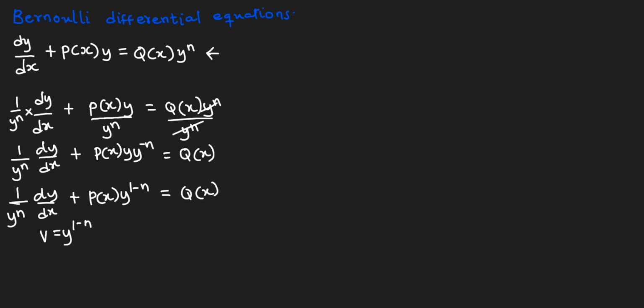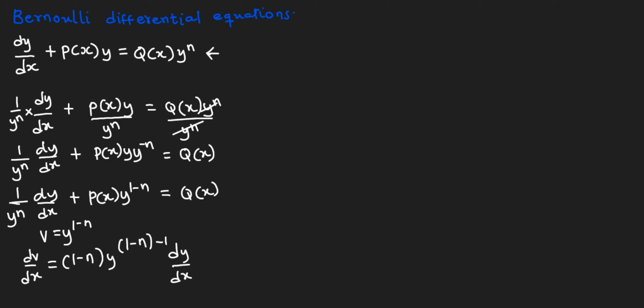To do this, we differentiate v. We are going to have dv/dx, and this will be an implicit differentiation. So I'm going to have 1 minus n multiplying y to the power 1 minus n, subtract 1 again, and then we bring dy/dx.